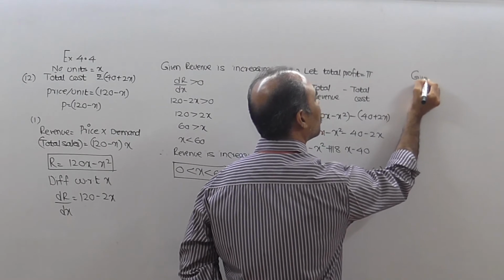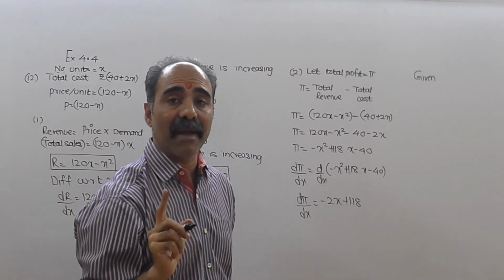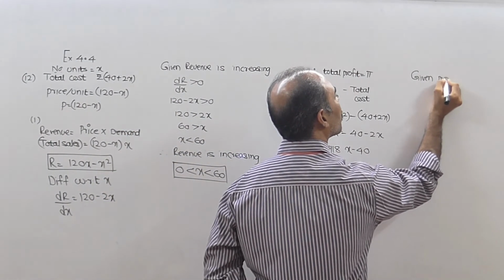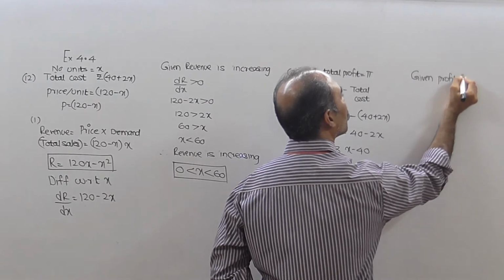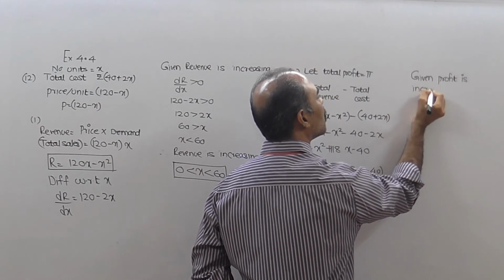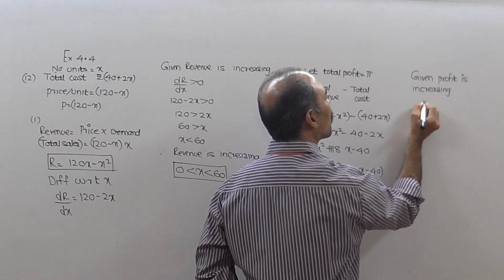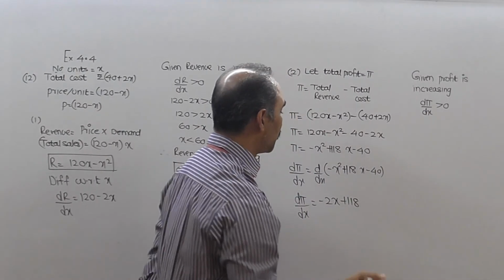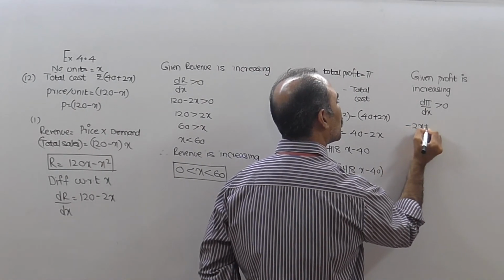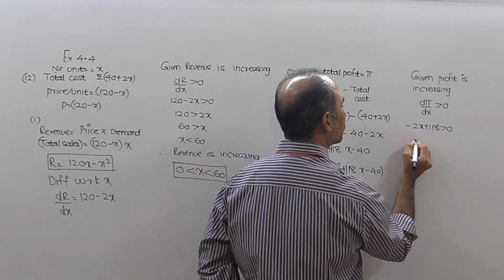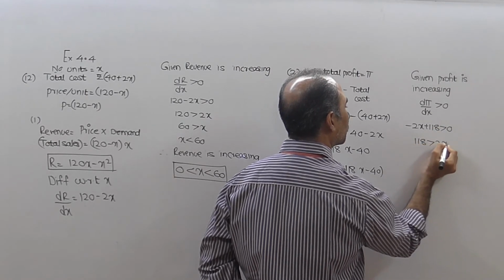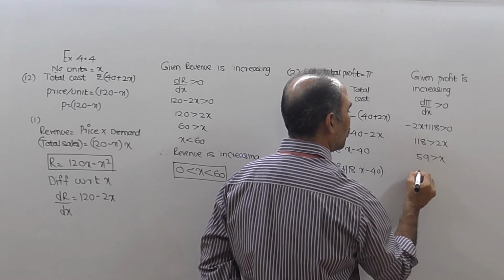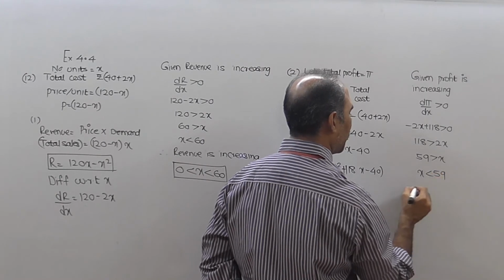They say find the value of X for which the profit is increasing. So given profit is increasing, it means that d pi by dX is greater than 0, meaning minus 2X plus 118 is greater than 0, 118 is greater than 2X, 59 is greater than X. उसका मतलब है X is less than 59.